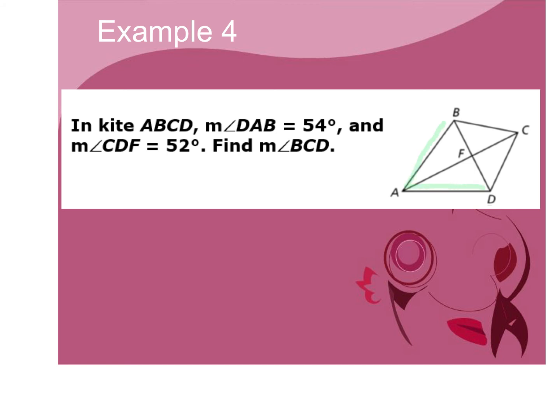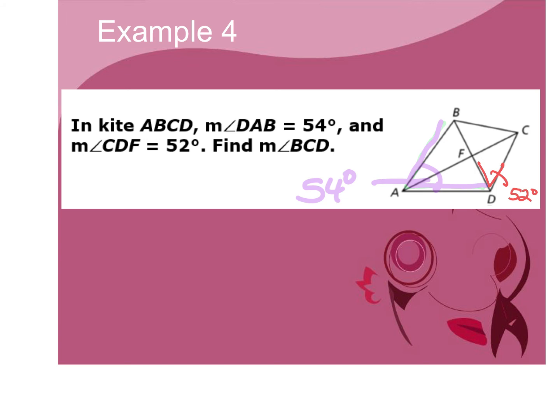So the measure of DAB, which is this one right here, the whole thing, is 54. And then they're also giving me the measure of CDF, which is this one right here, and it's 52.